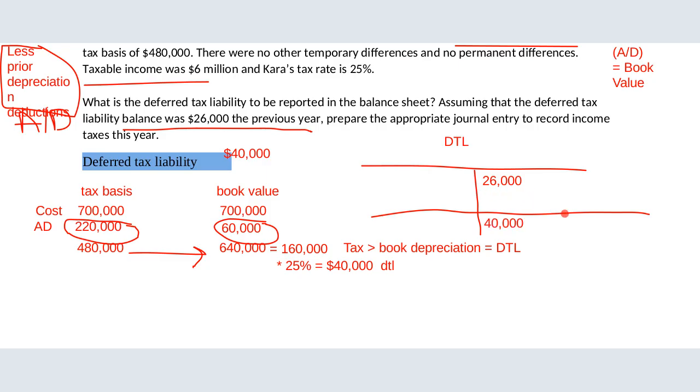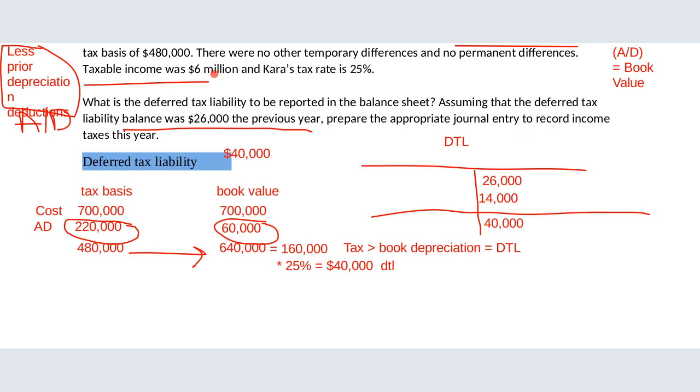That means that I had to credit the difference in order to increase that from 26 to 40, and the credit to that was 14,000. So that means that I'm going to have to include this 14,000 in my journal entry.